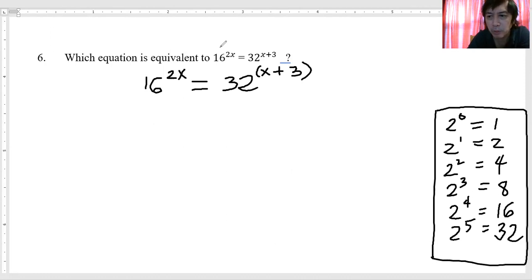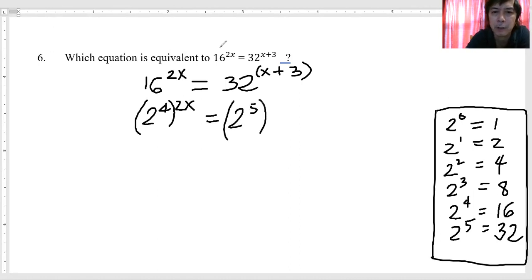So 16 is clearly 2 to the 4th, and this is raised to 2x, and this is equal to 32 raised to x plus 3. 32 can be expressed as 2 to the 5, raised to the power x plus 3.